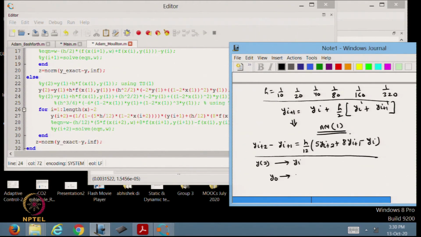Okay. And then once y1 is known to us, we can compute y2. But actually indexing in MATLAB does not start from 0, that is why y0 corresponds to y1 and y1 corresponds to y2. Okay. And from here onwards y3 onwards starts.